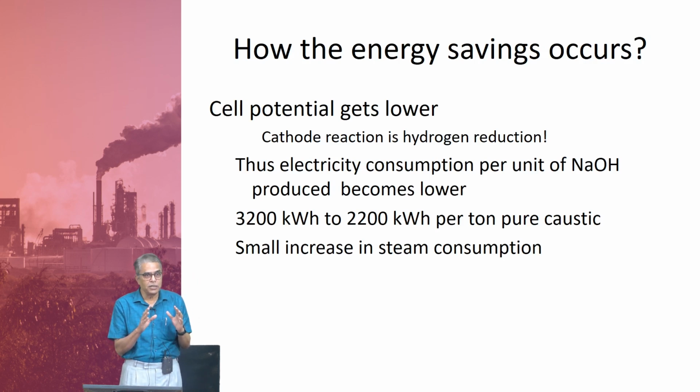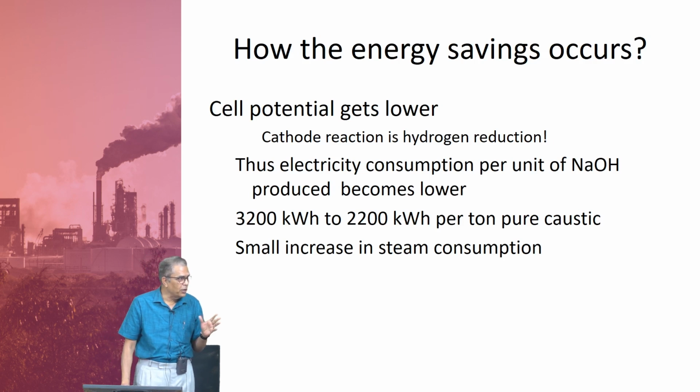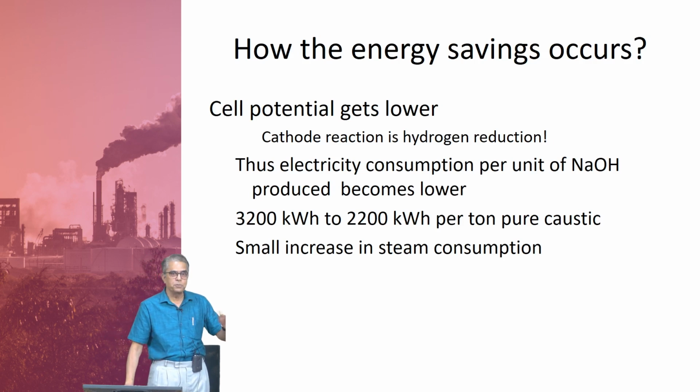So, if the hydrogen generation reaction takes place in the same membrane cell, the potential for hydrogen, all of us know, standard potential is 0. You recall that in all electrochemical potentials, H becoming H plus is taken as 0. We do not know what the potential is, to be very honest. Convention is you need a reference point, we take it as 0, all others are with respect to that. With the view that 4.1 volt drops down to something like 2.1, no doubt energy consumption comes crashing down.